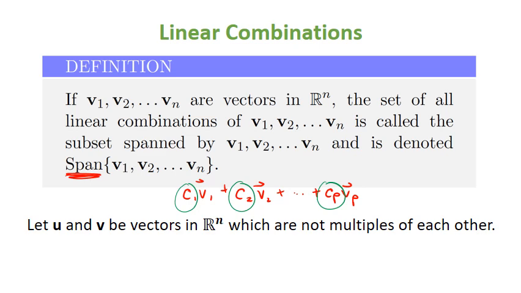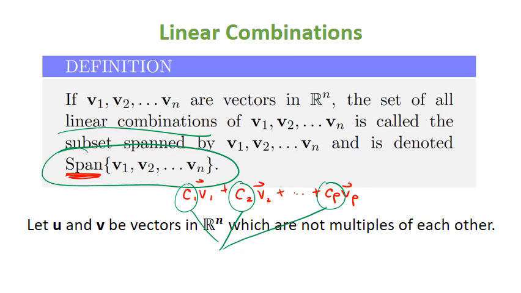So depending on what the scalar is, the scalar can be anything. We will have lots and lots of different linear combinations. So this here represents all of those, and it's called the span.